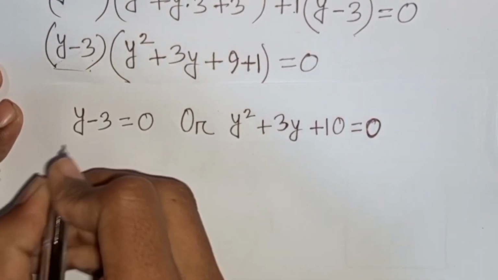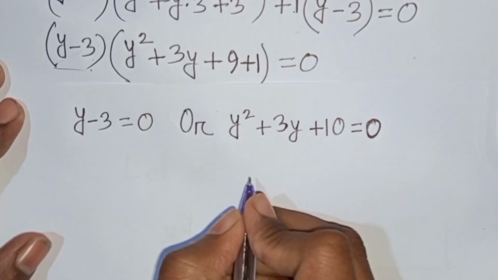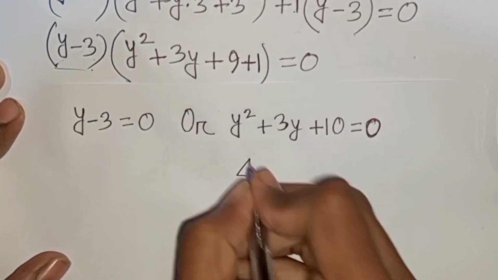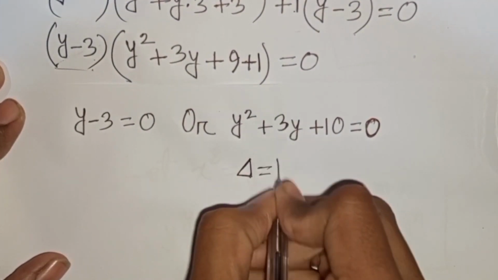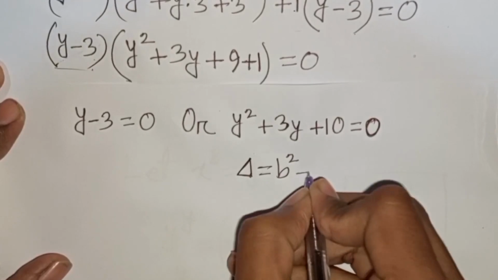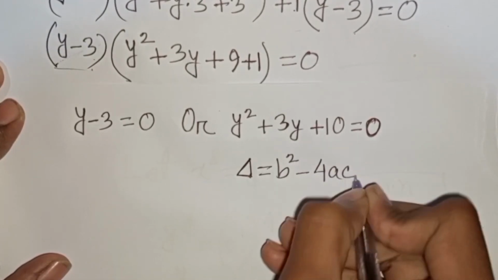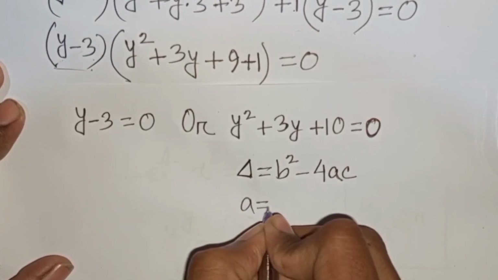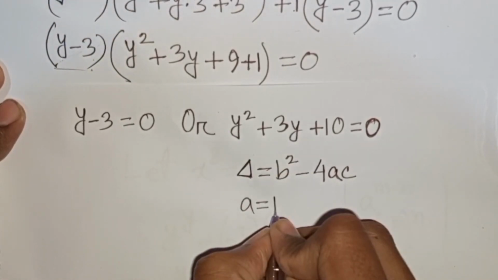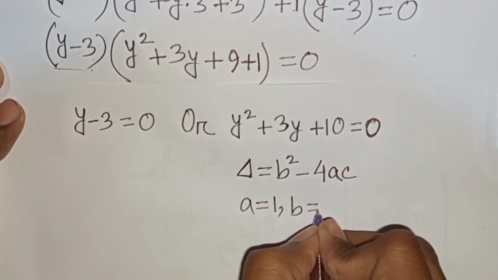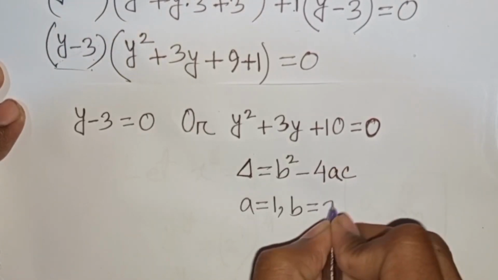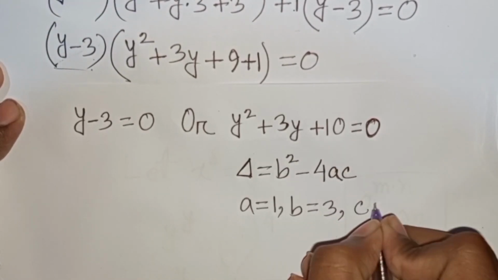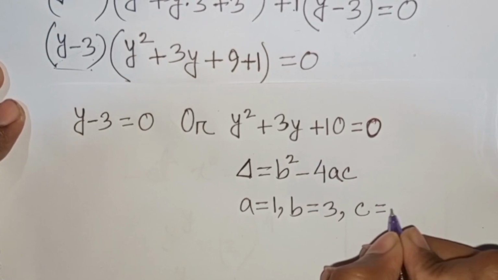Now here you can apply discriminant formula, so you can write here delta is equal to b square minus 4ac. Here a will be equal to 1, then b will be equal to 3, after that c will be equal to 10.